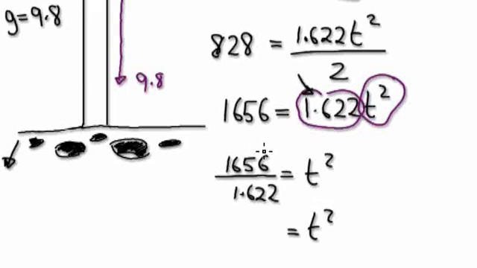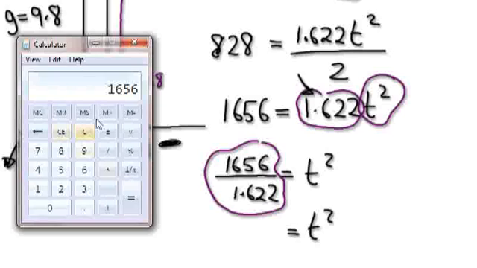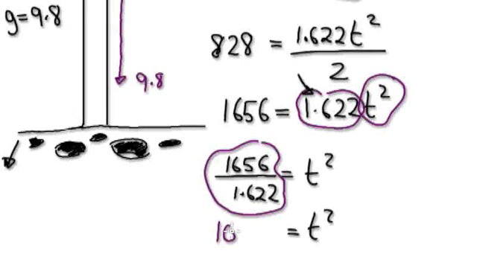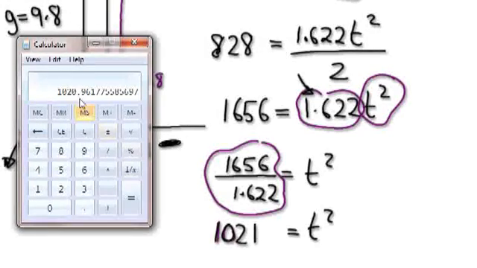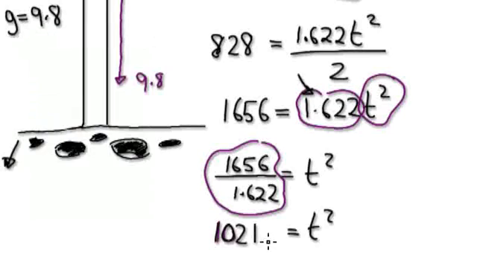Let me work out this bubble first. 1656 divided by 1.622 equals, let's say roughly, 1021, I think. Let me double check. Yeah, let's say roughly this.